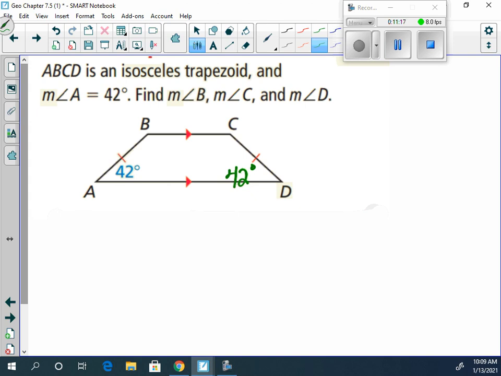Well, wait a minute. Are C and D on the same side of the transversal and inside the parallel lines? So what do we know about angle C and angle D? They add up to be 180. So 42 plus x is equal to 180.